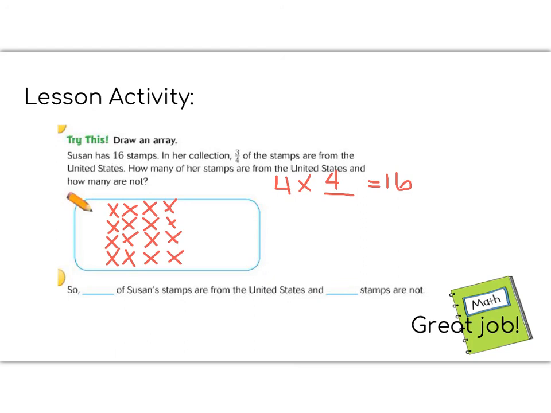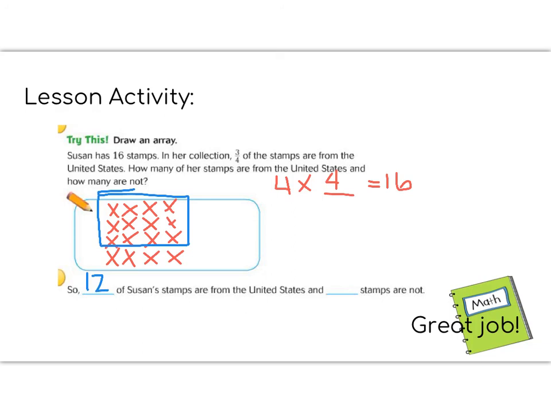Okay, now we're going to circle 3 of the 4. So if we have 1, 2, 3, 4 rows, then we're going to circle 3 of them. 1, 2, 3. All right, then this would be the amount of stamps that are from the United States. So 3 times 4 is 12.